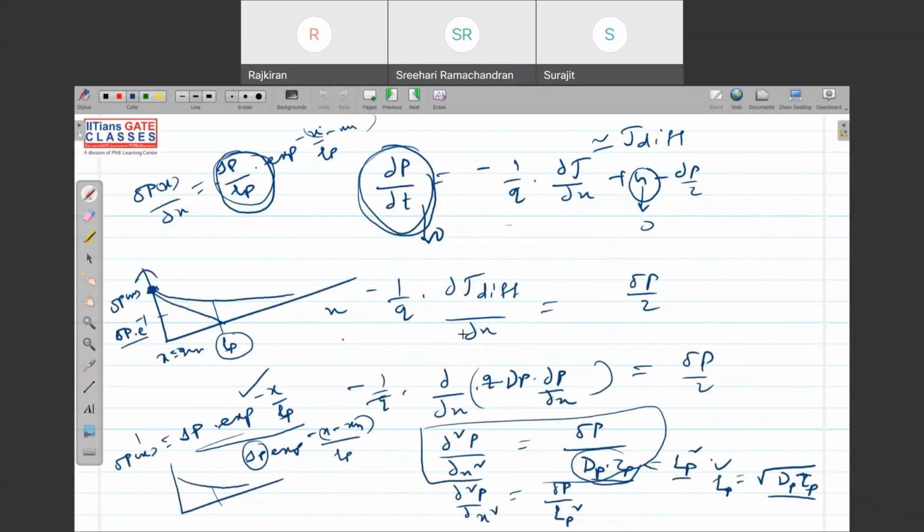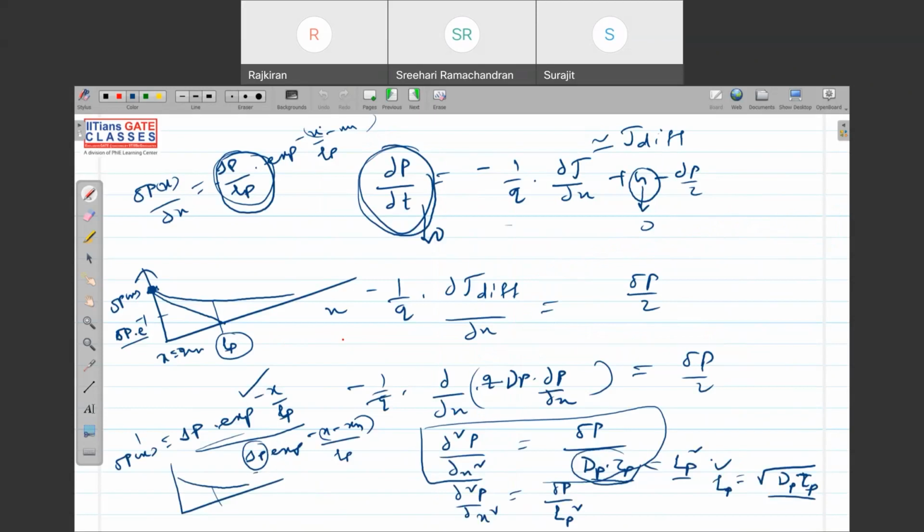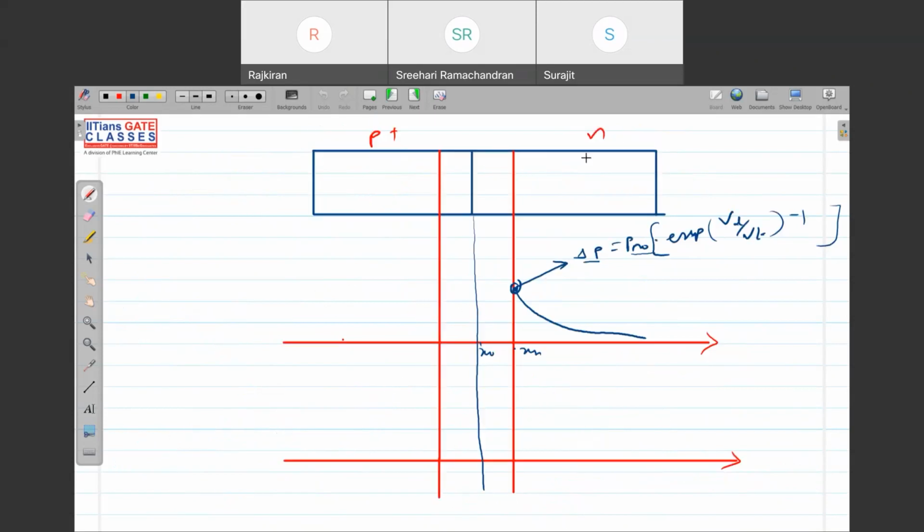Is it clear or not clear? Whatever holes are injected, the value of holes is del Pn0 times exponential of minus x by Lp, and they will decay exponentially according to this relationship. Similarly, in the P side, the electrons will decay like this.